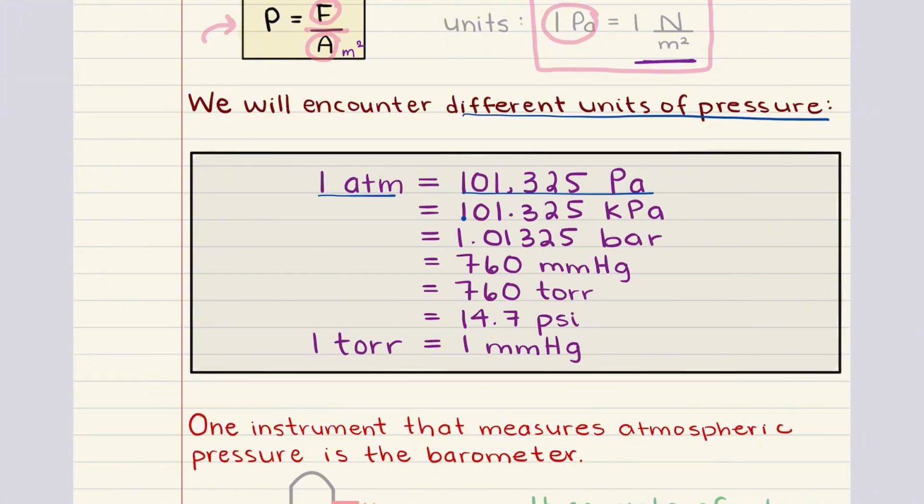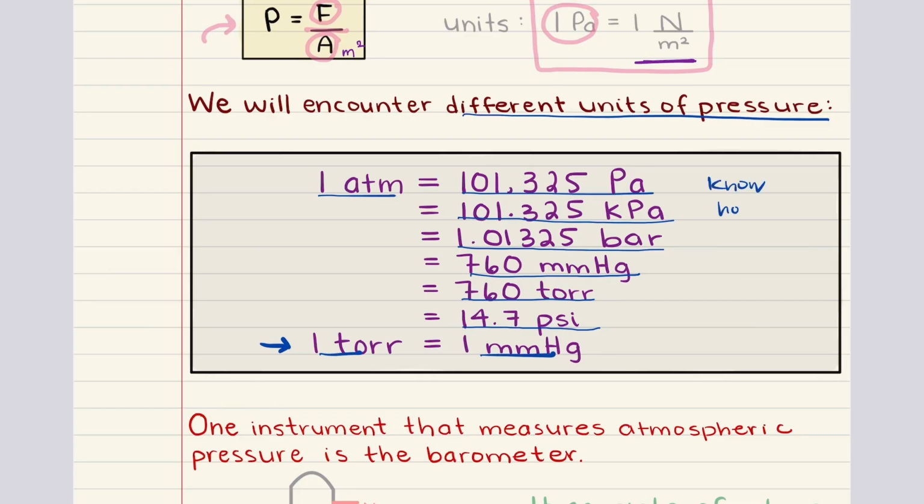This is also equal to 101.3 kilopascals, about 1.01 bar, 760 millimeters of mercury, 760 torr, or about 14.7 pounds per square inch. These are just different ways of representing the same quantity, and we need to be able to confidently move between them depending on the context.